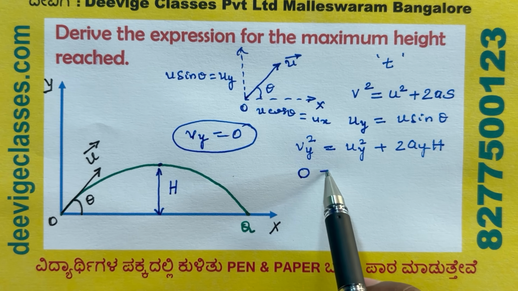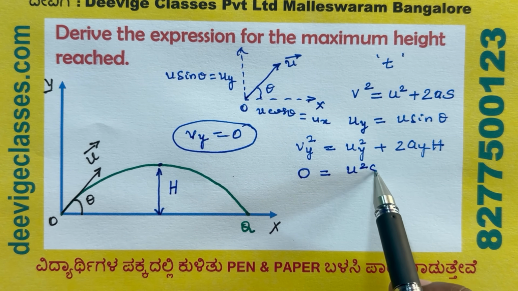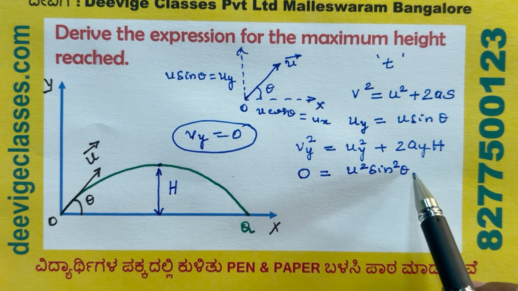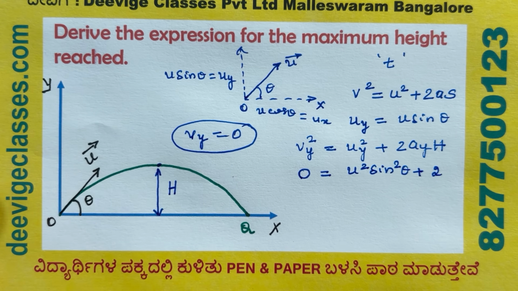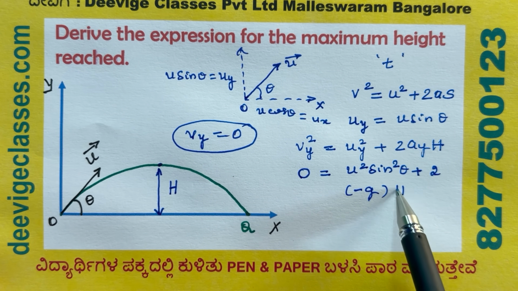Then u suffix y is u sin theta, so u suffix y square is u square sine square theta, plus 2 into a suffix y, which is the acceleration along the vertical direction, that is minus g, into h.